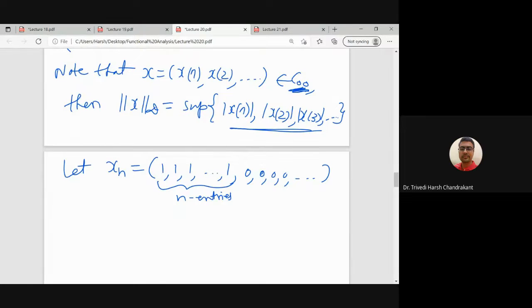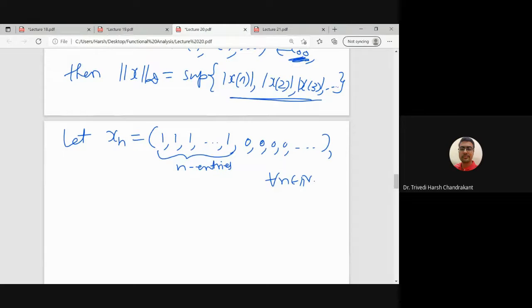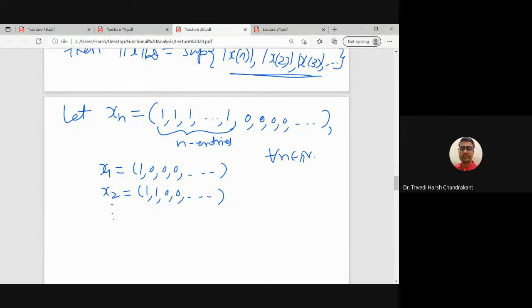We define this for every n. So x1 is 1, 0, 0, and x2 is 1, 1, 0, 0, and so on. The norm of x_n is basically the supremum of 1, 1, 1.